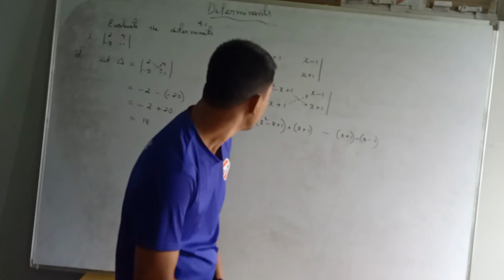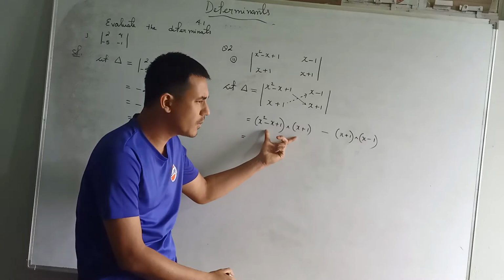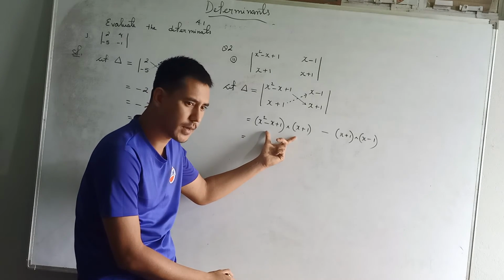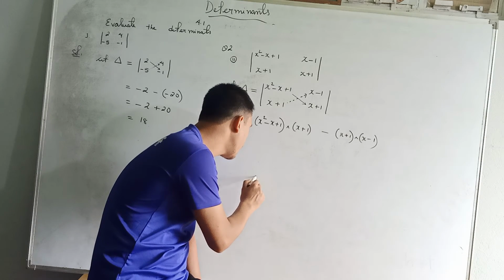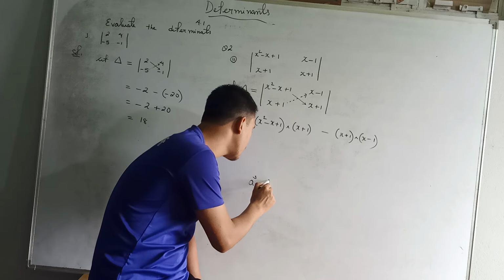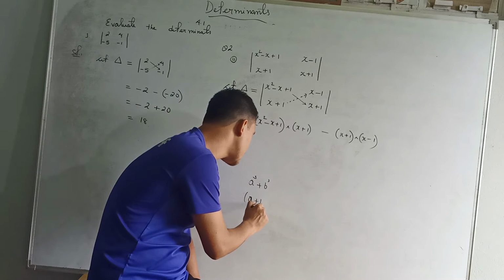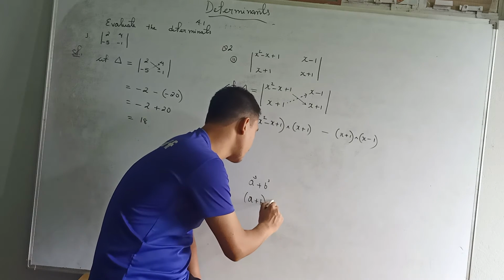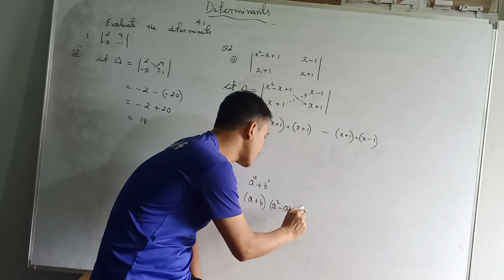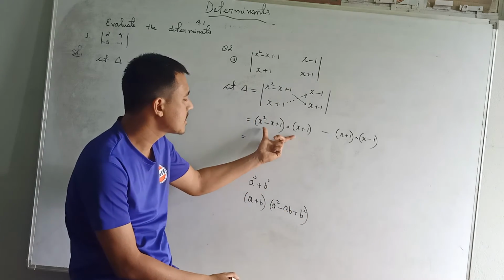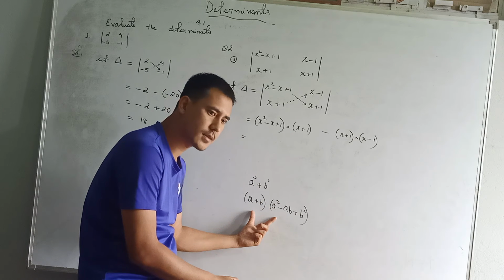Is it alright? This is following some pattern. This is following some identity: a cube plus b cube, or a cube minus b cube, a plus b times a square minus ab plus b square. I think this particular product follows this pattern here.